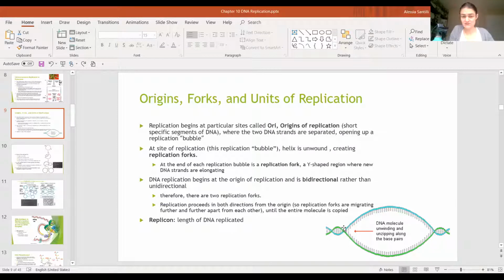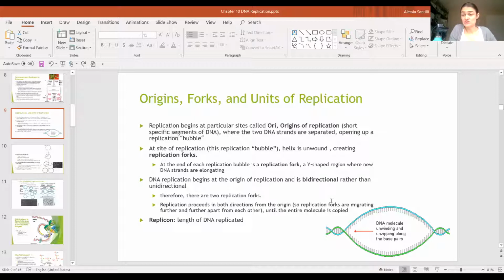Each of the replication forks is where the DNA is going to elongate. So we have one elongation happening on this side, as you can see by the red arrow, and there should be another arrow on the other side indicating that DNA replication happens on this side as well. So it is bidirectional rather than unidirectional. Two directions, not just one. So replication proceeds in both directions from the origin.